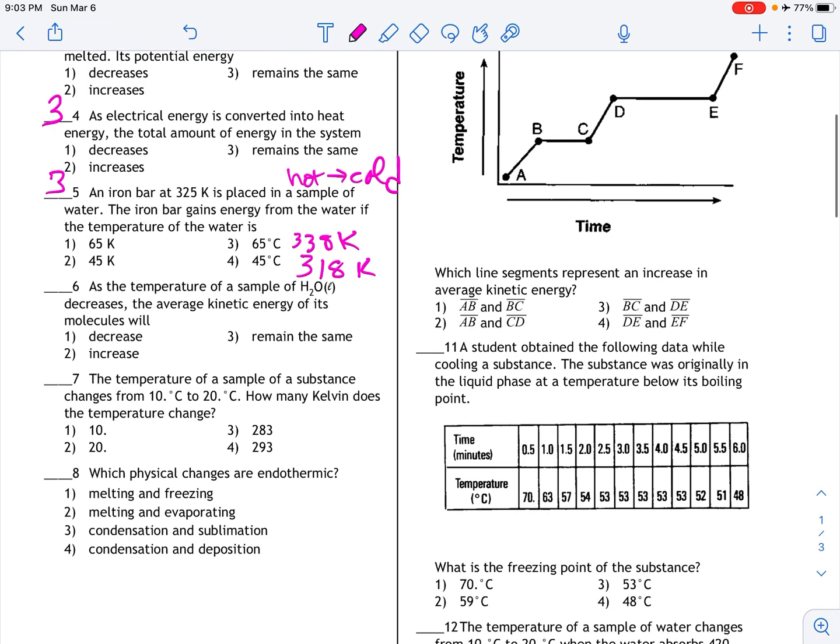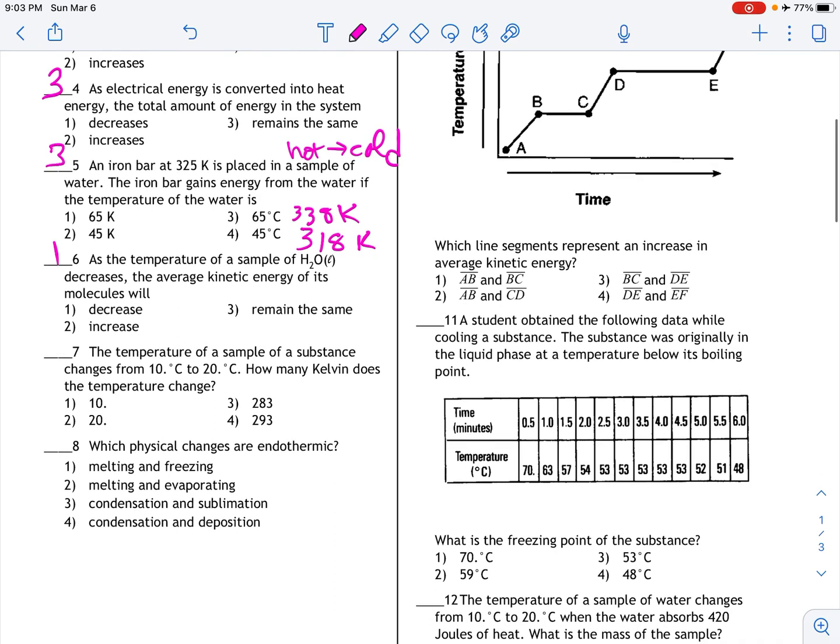Number 6. As the temperature of a sample of H2O liquid decreases, average kinetic energy of the molecules will also decrease. Those are synonyms, average kinetic energy and temperature. The temperature in a sample changes from 10 degrees Celsius to 20 degrees Celsius. How many Kelvin does the temperature change? Okay, so this is a tricky one.